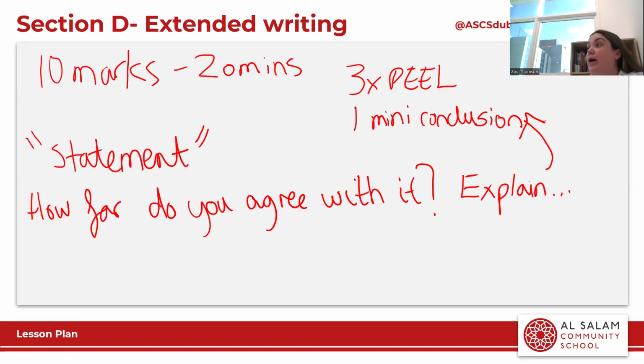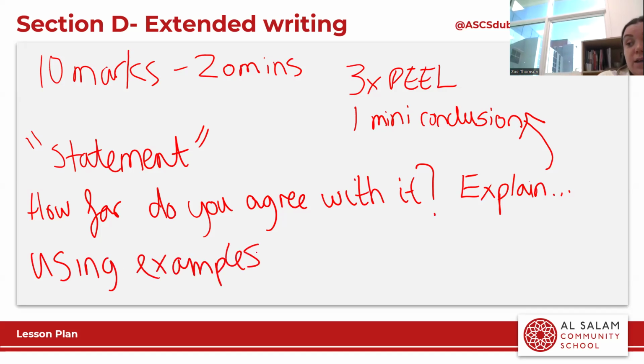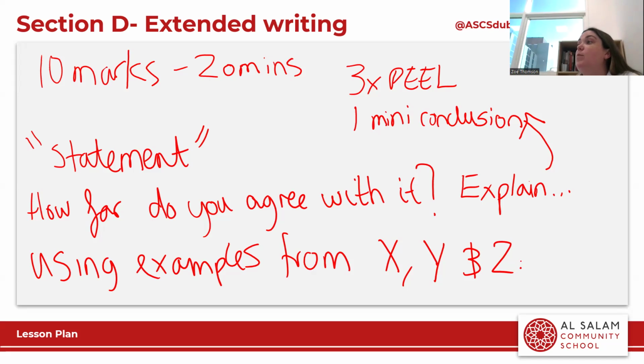Because it's got 3 PEEL paragraphs, the question will say, explain your answer using examples from X, Y, and Z. So it's going to give you 3 of the independence movements that it wants you to talk about. So you have to be prepared to write a PEEL paragraph about those 3. But you need to make sure it links to the statement.